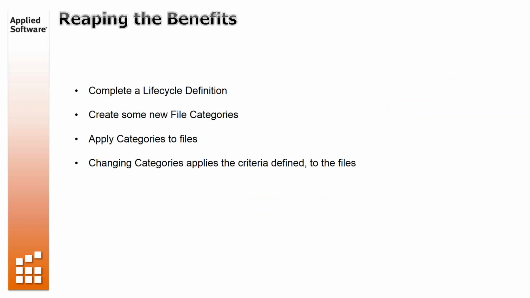Once we complete the lifecycle definition, we create the file categories, we apply the categories to the files, and then we see that the Vault then applies the criteria defined to the files, and we're able to work effectively in the Vault.